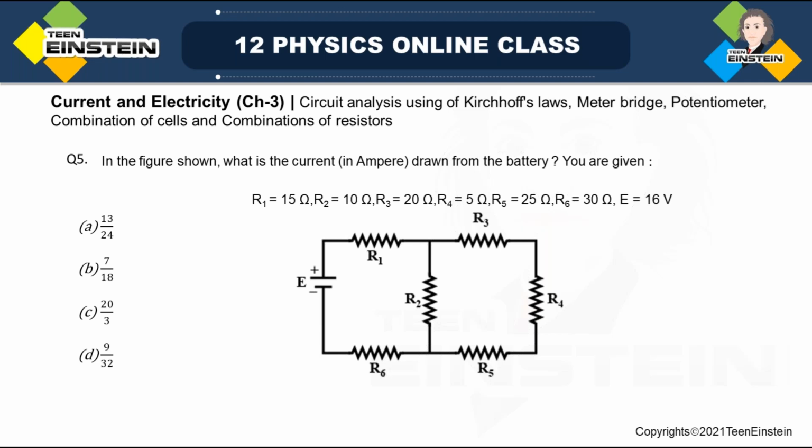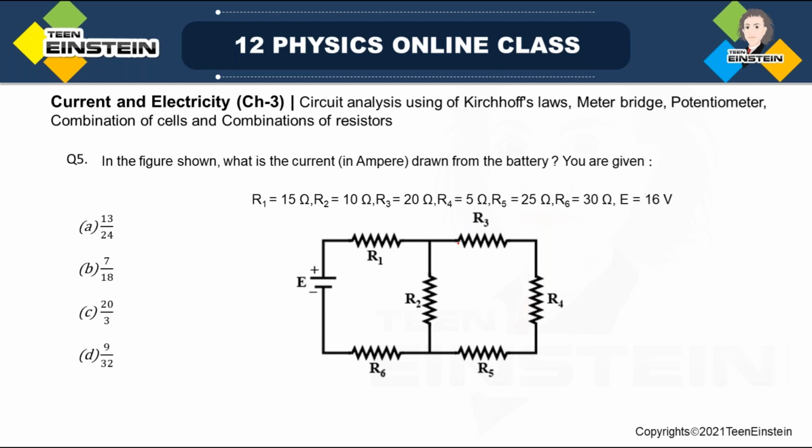So here we see the figure where there is a battery and resistances R1, R2, R3, R4, R5, R6. These are connected with this battery. Now you have to find out the current in this circuit drawn from the battery.